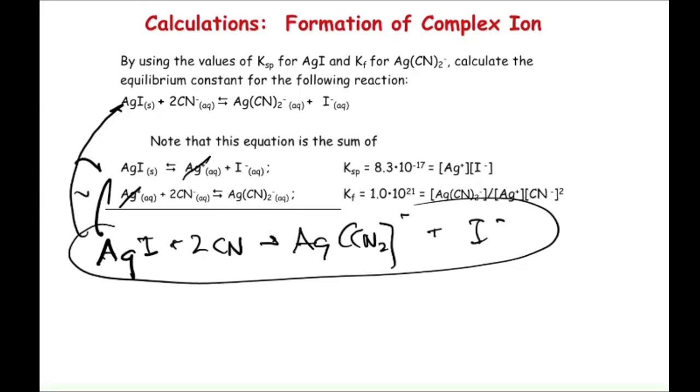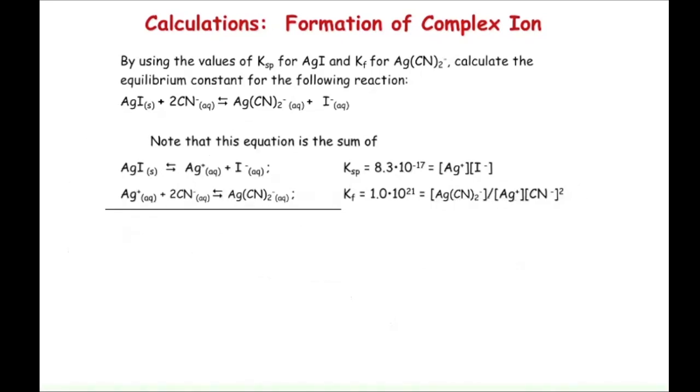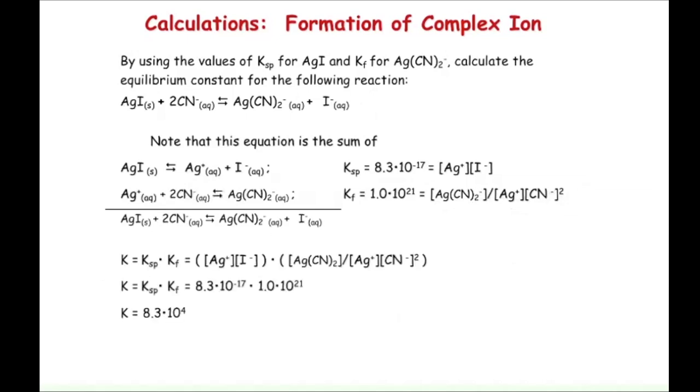If you add two reactions, you take the equilibrium constants and multiply them by each other. So the new equilibrium constant, this one that we're figuring out, is nothing more than KSP times KF. That would be your equilibrium constant. Why? Because to get that net equation, you're simply adding the two. You're just multiplying them out, and that's the equilibrium constant.